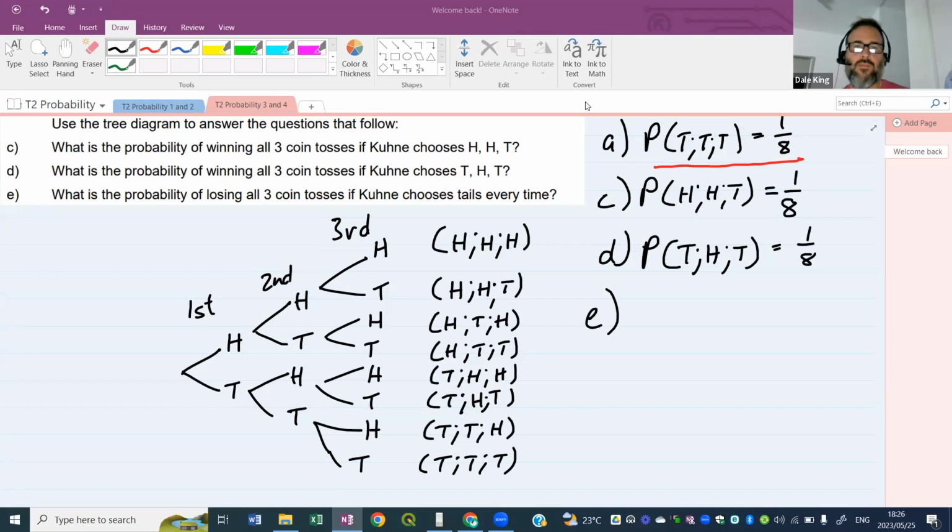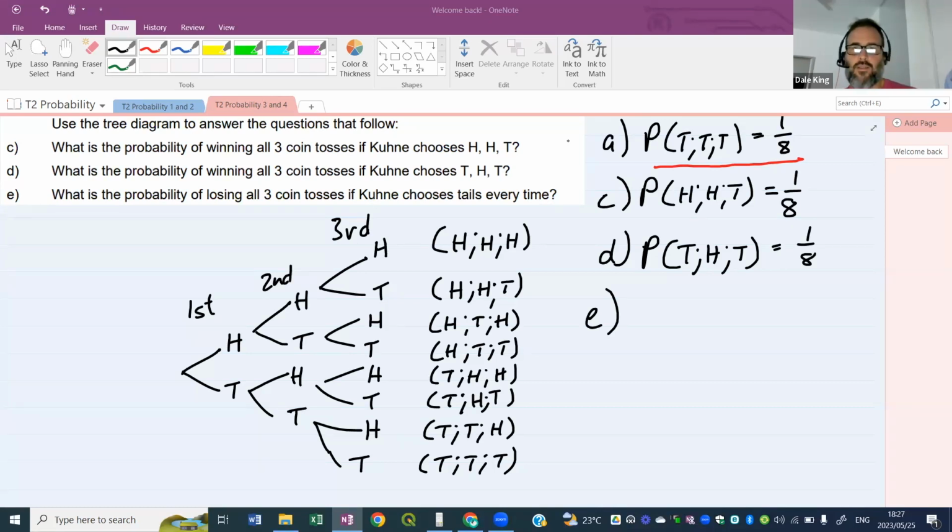So we see tails, tails, tails once out of the 8 possible. Do you agree with me? Yes, sir. Okay. What's the probability of not getting that? In other words, getting everything but that. I'm giving you a big clue there. I'm getting everything except for that one.